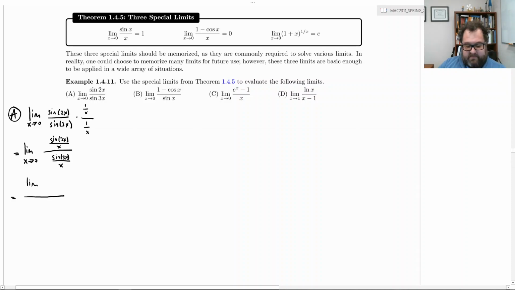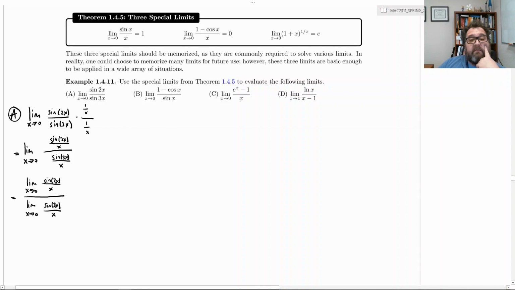So we have the limit as x goes to 0 of sine 2x over x, and then the limit as x goes to 0 of sine 3x over x.